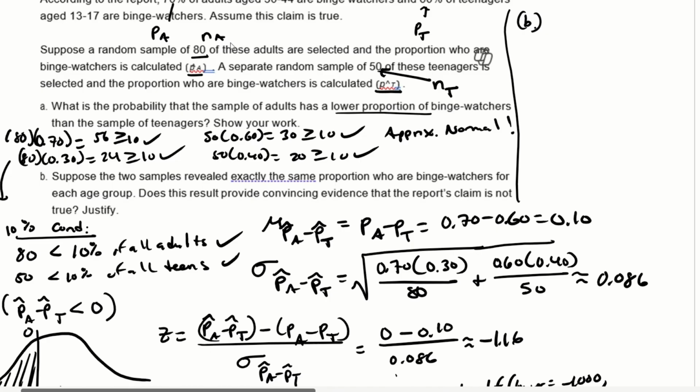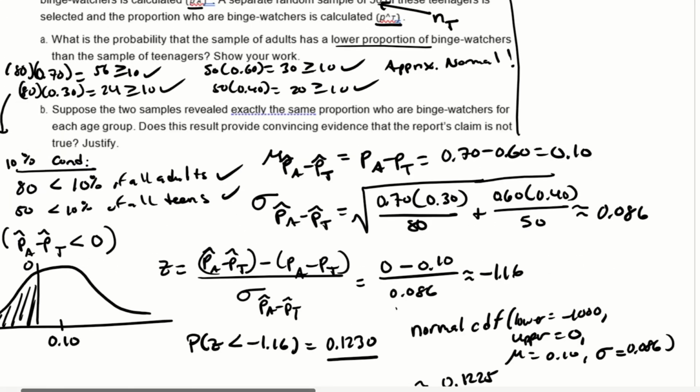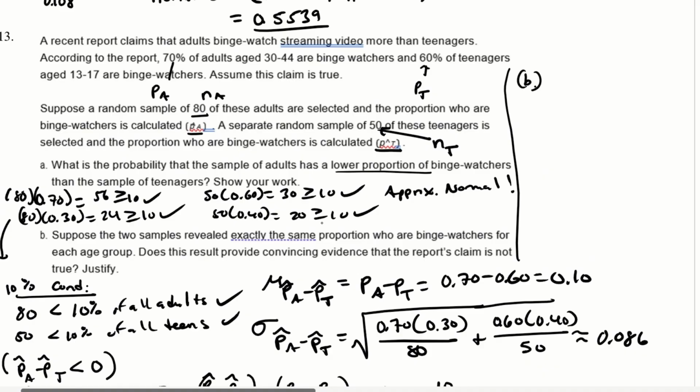Okay, well, we just calculated it, and we got 0.1225. Okay, so remember the way we know we have convincing evidence is if it's less than 5%.